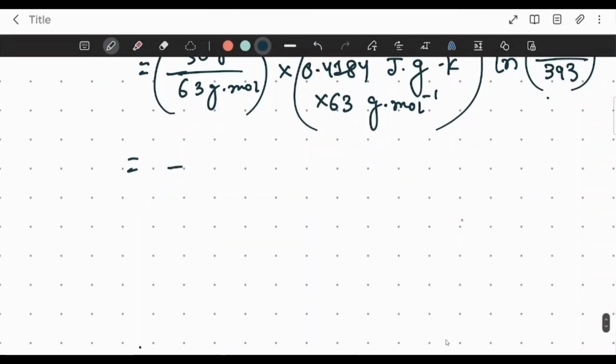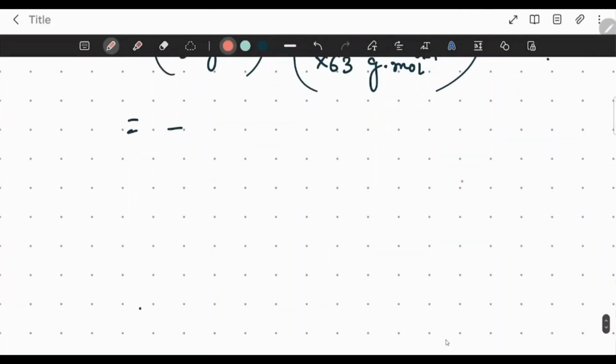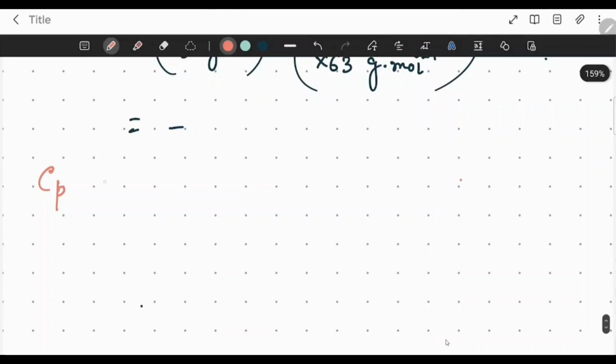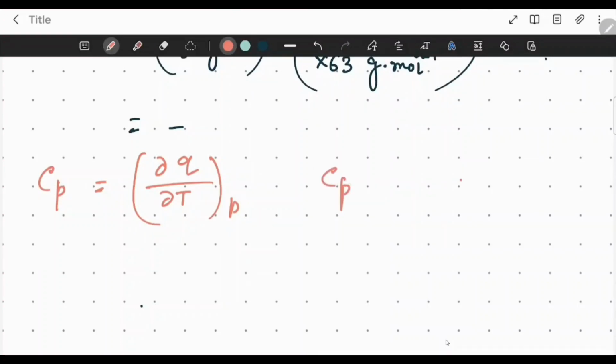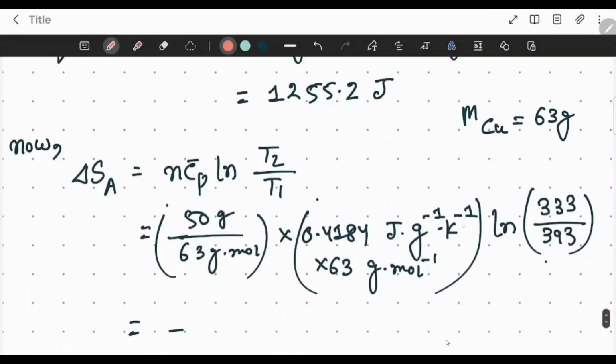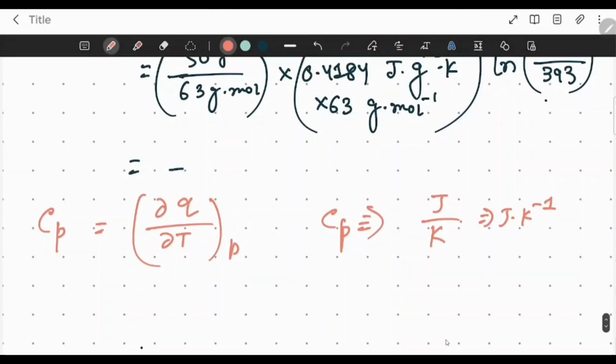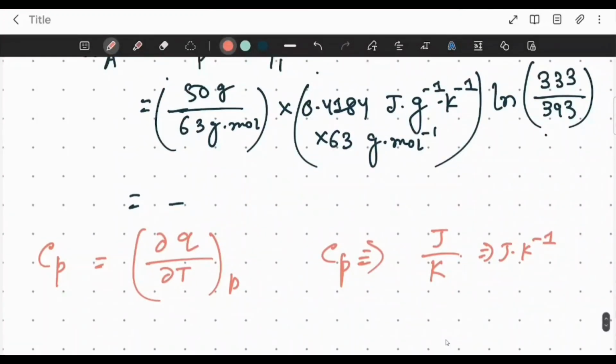So what will be the value now? I think this is clear. Let me clear it. What is Cp? Cp is eventually del Q by del T at constant pressure. What will be the unit of Cp then? The unit of Cp will be joule per Kelvin. But here the unit is given as joule gram inverse Kelvin inverse. That means this Cp value is given for 1 gram only.